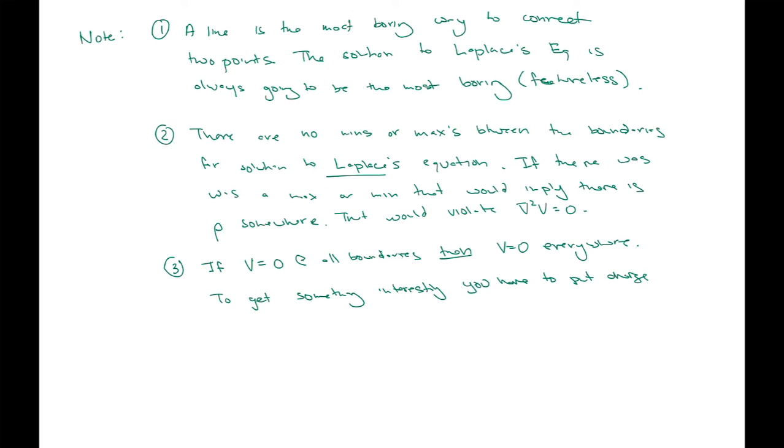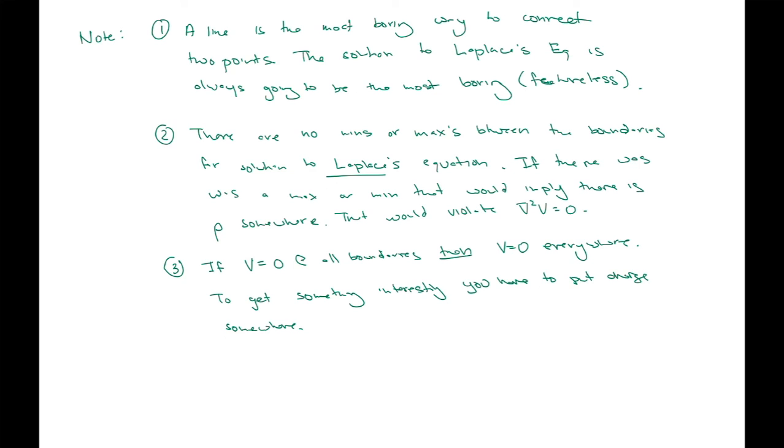And oftentimes, like I said, when we're solving for real systems, we're thinking about plates or something like that. Can't talk and write at the same time. Where we've put some kind of charge, or we've raised them to some kind of voltage, and we're trying to figure out the electric field between them. So at the boundaries of this region where we're trying to find the electric field, there is charge.